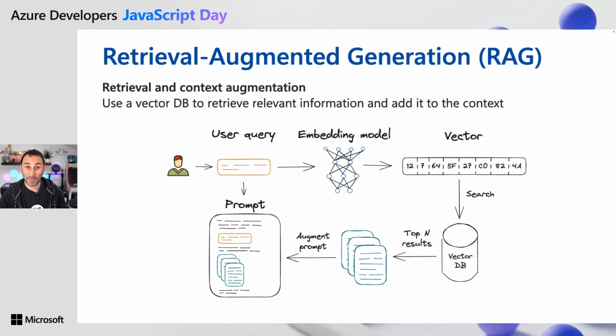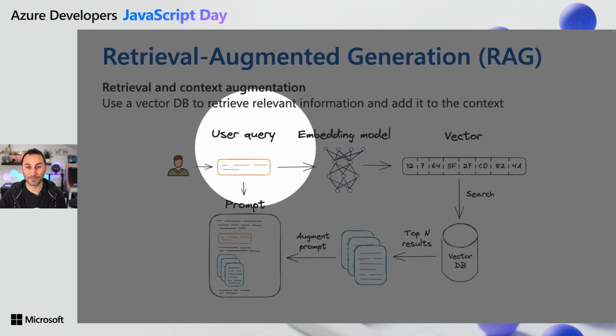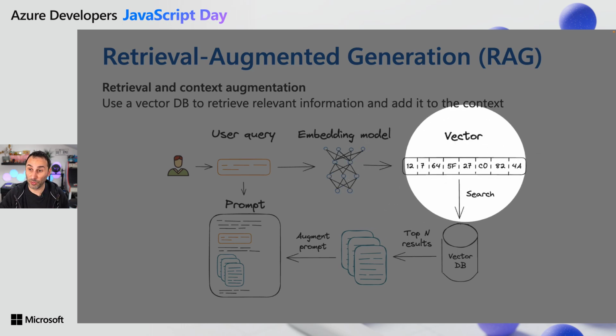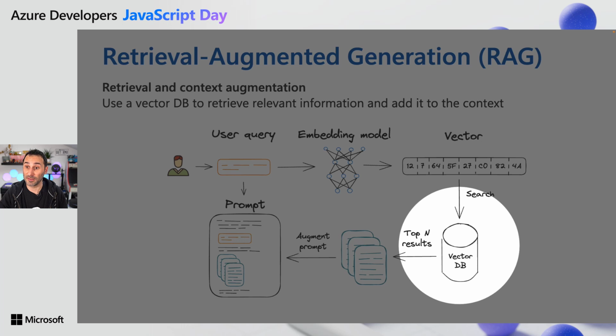The next step is to implement the retrieval and context augmentation step. We start again from the user creating the initial question. We send that question through the same embedding model that we used before to have a vector representation of the question. This time we'll use this vector to perform a similarity search inside our vector database that contains our knowledge.